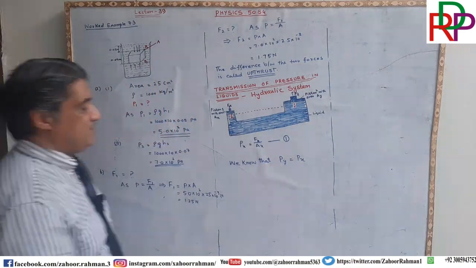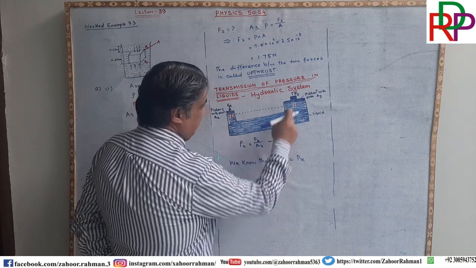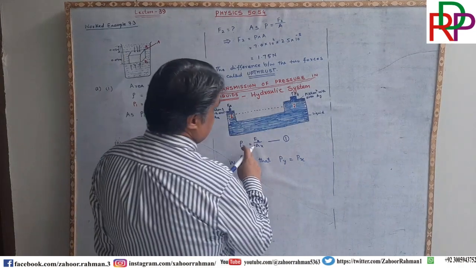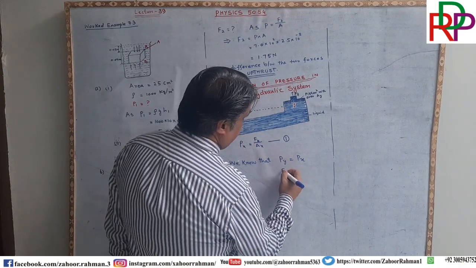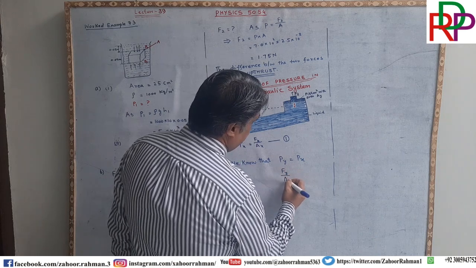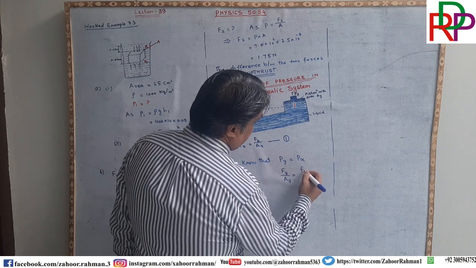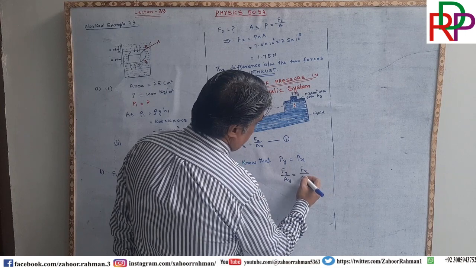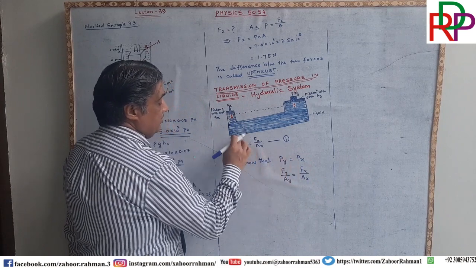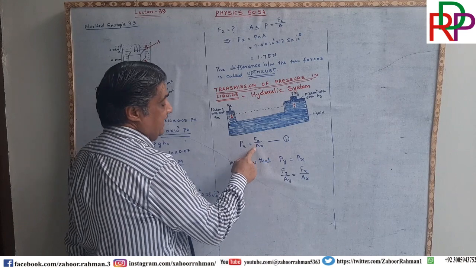So we are observing that the pressure at point Y will be equal to the pressure at X. Now we are putting F of Y divided by A of Y, and here F of X divided by A of X. We are putting these values because we wrote Px is equal to Fx divided by Ax.